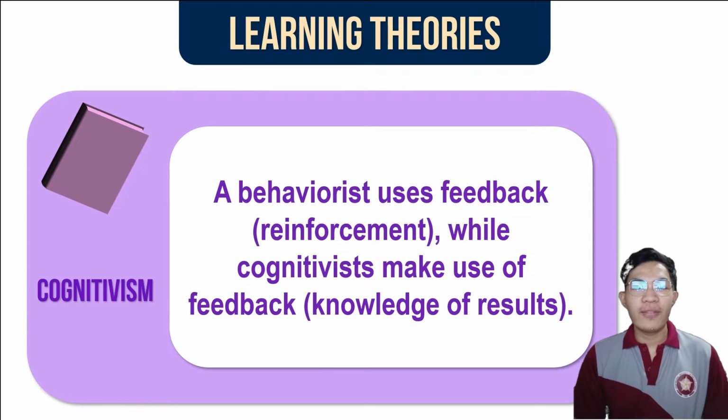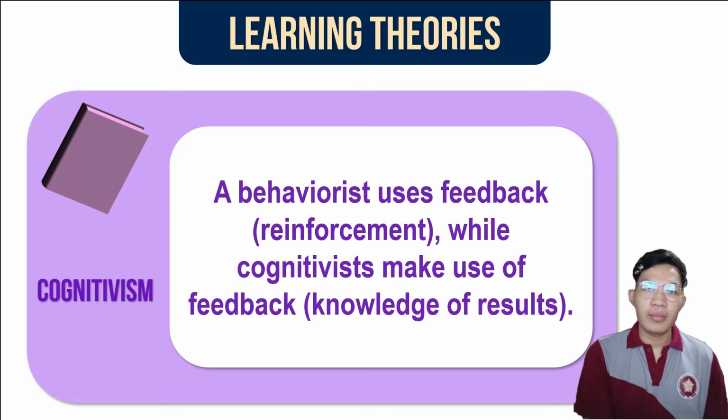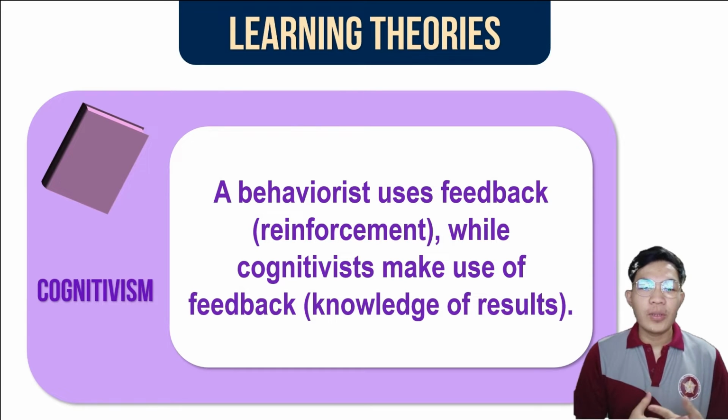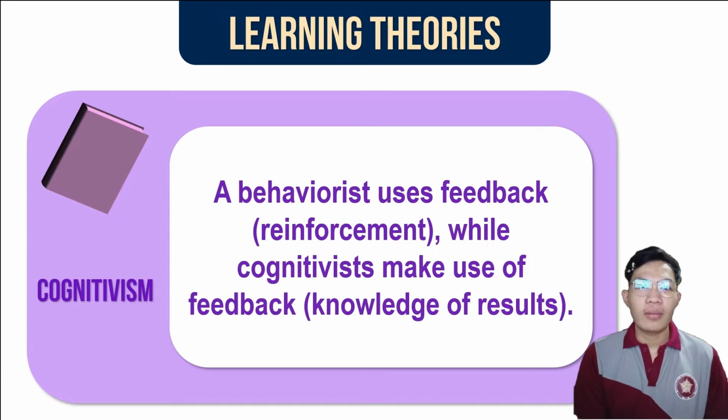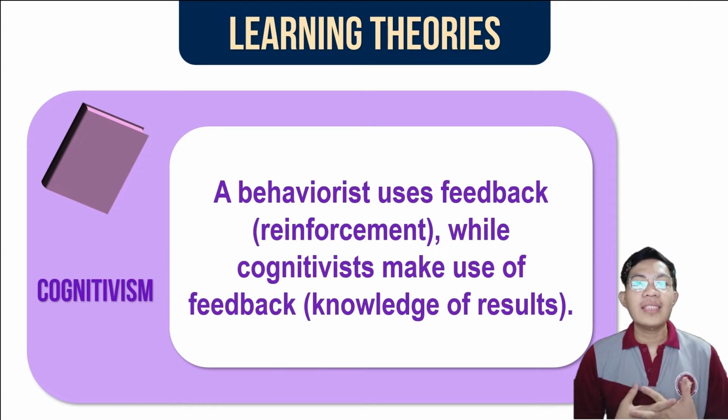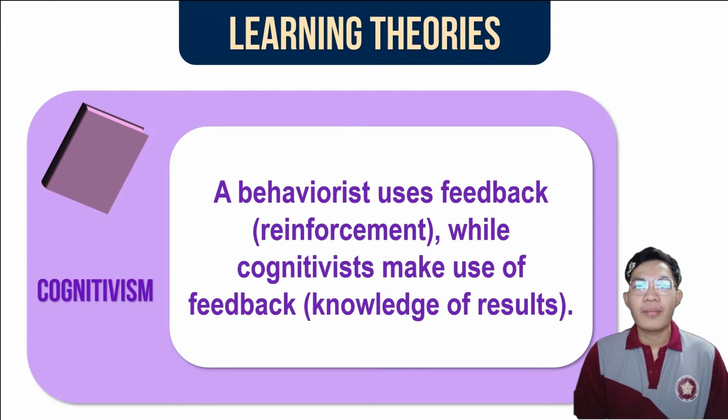So here's another difference between behaviorism and cognitivism. In behaviorism, the focus is what the learner does. It is the proper response to a given stimulus which is observable. Here in behaviorism, the learner is reactive, and the type of learning is basic definitions and explanation of concepts, generalizations, and recalls.